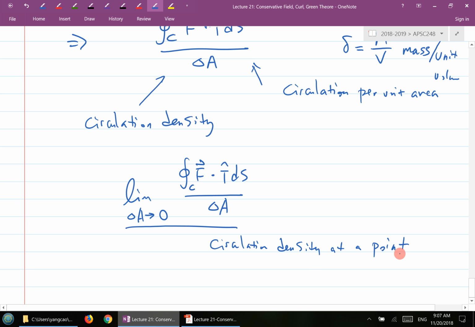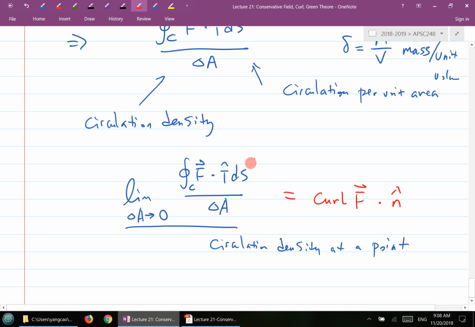Where's the point? The point is inside the vector field, remember. Now this limit turns out to be curl F dot n hat. It doesn't need two or three pages to prove this, but you can look at the lecture notes or textbook for the proof.